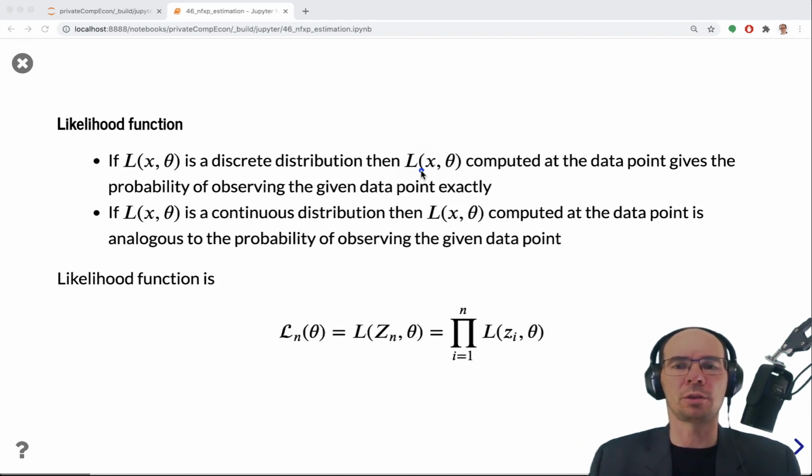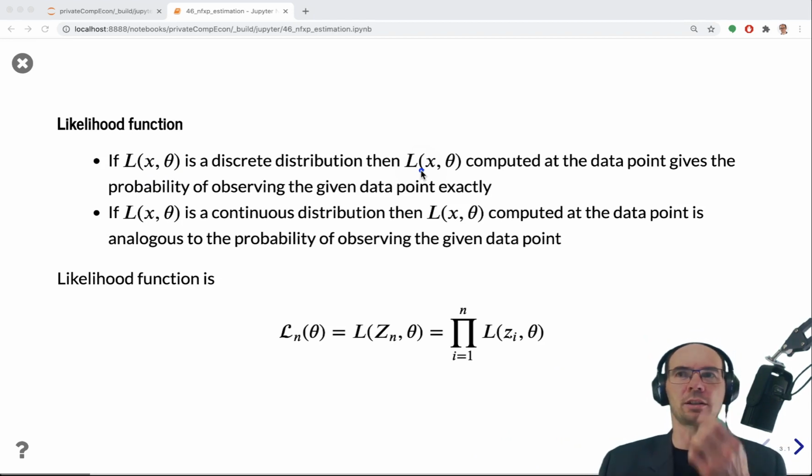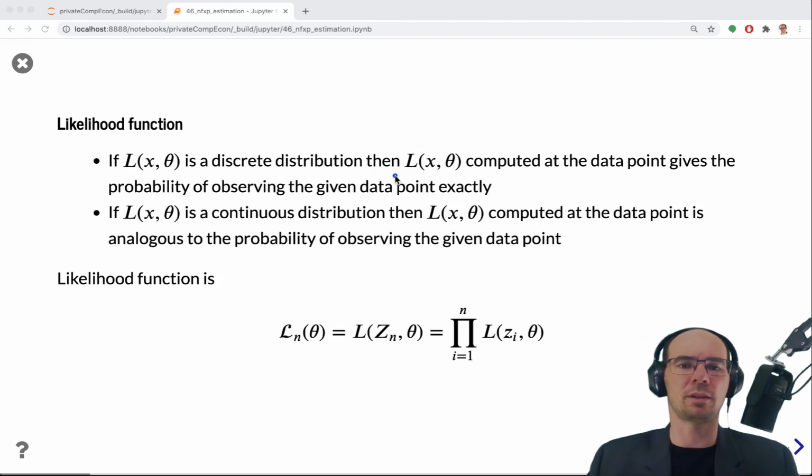If you observe 3 is rolled, that means that you can directly calculate the probability of getting that 3 from the distribution that the dice itself yields. So the dice as a model gives you the distribution of the outcomes.